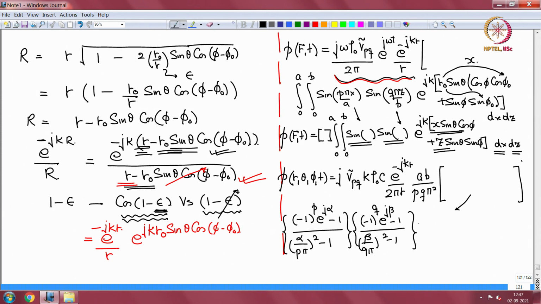So this total term enters this box here, okay, where alpha is equal to k a sin theta cos phi, whereas beta is equal to k b sin theta sin phi.